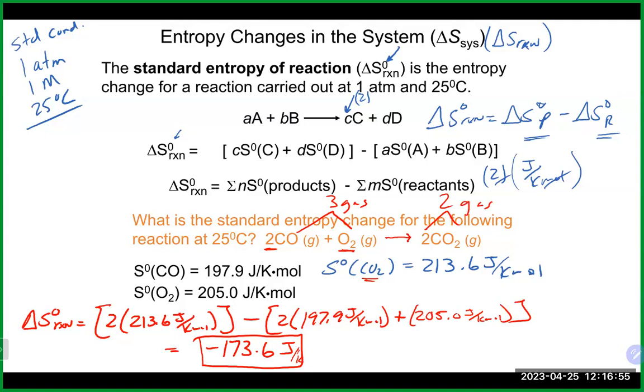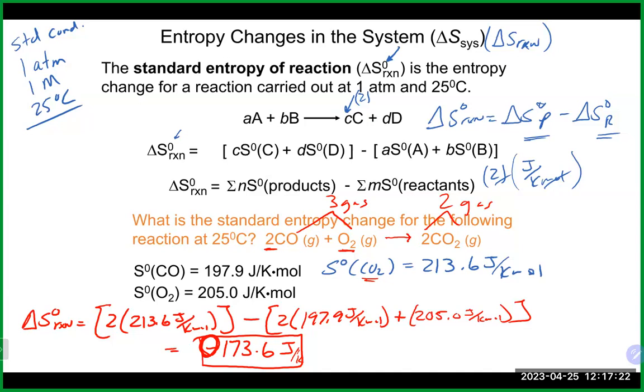So we went from 3 things flying around crazily to only 2, which means the amount of order is increasing and the amount of disorder is decreasing. That is why we would expect a negative value for delta S. It won't tell us the value, but we should expect it to be negative because of that increase in order and decrease in disorder.